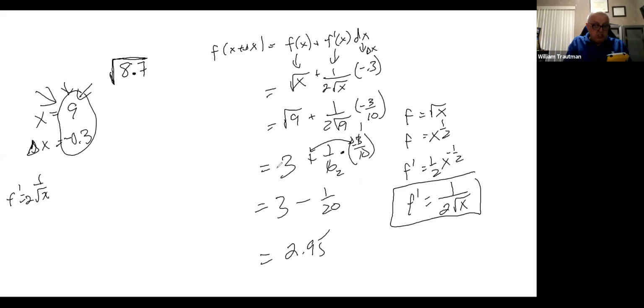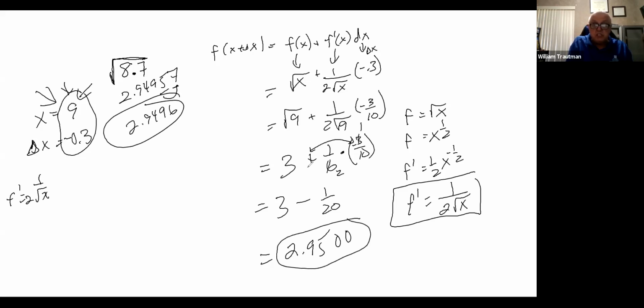And when I take the square root of 8.7, I get 2.9495. If I take it to 4 decimal places, I get 2.9496. And here it's an even, so it goes to 4 decimal places.